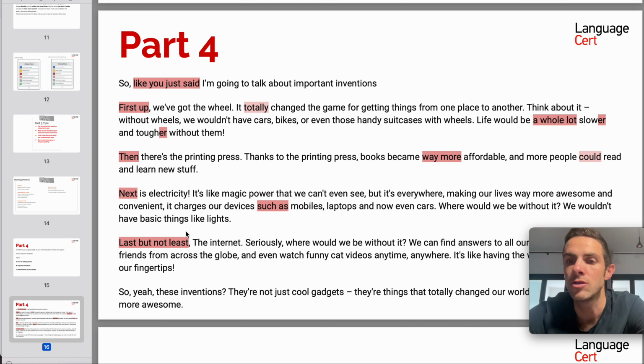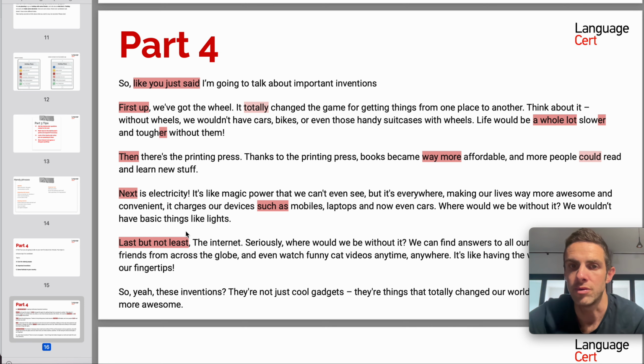And then to move on to the next part, I say then. Then there's the printing press. Thanks to the printing press, books became way more affordable and more people could read and learn new stuff. So I've started that part of this monologue with then to show that I'm moving on to another topic.